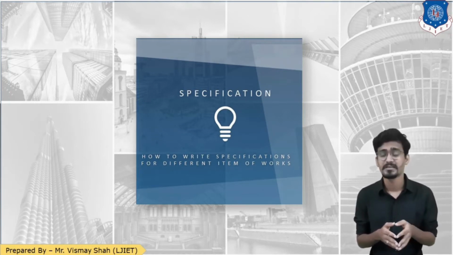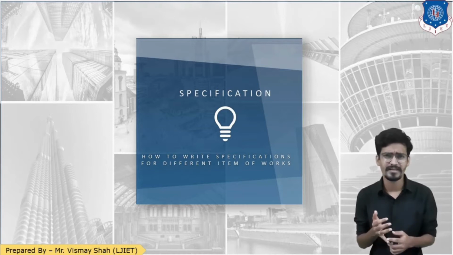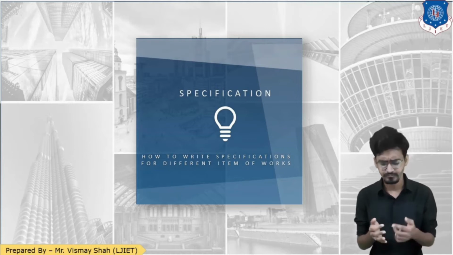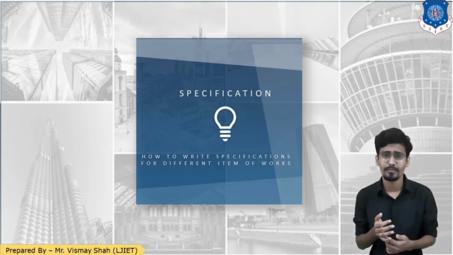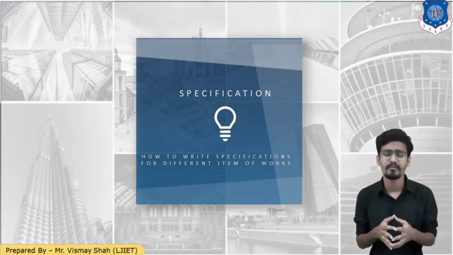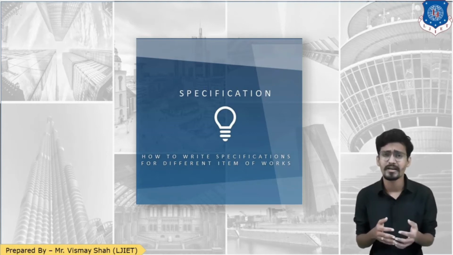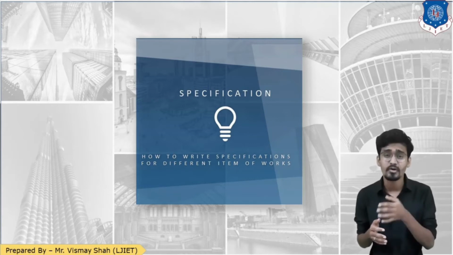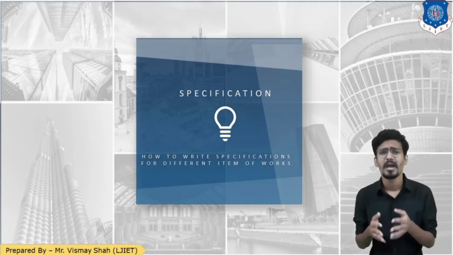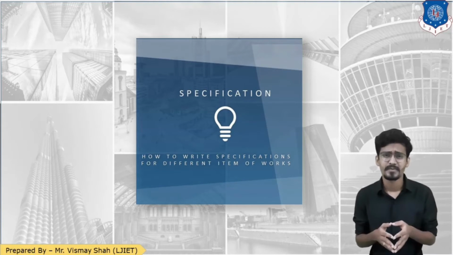Why do we need specification? What was the purpose? To define the quality of material, to define the quality of workmanship, to supervise the work of the contractor, to help the contractor in filling up the rates, to check the contractor's rate, and many more.